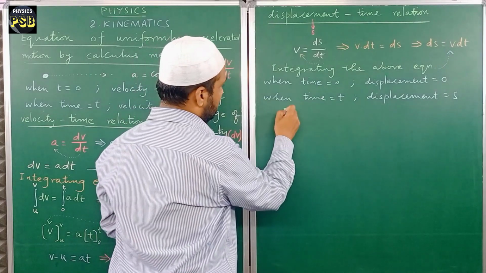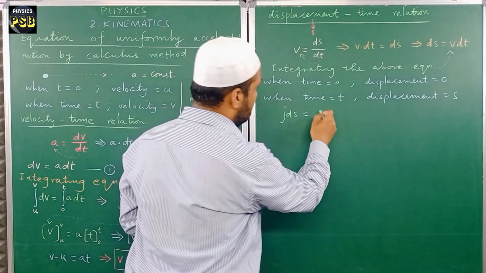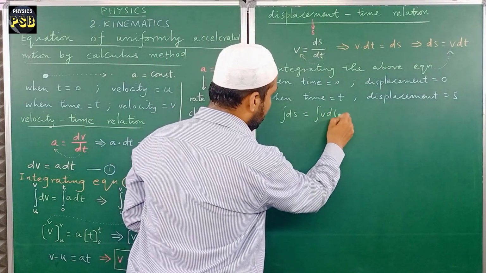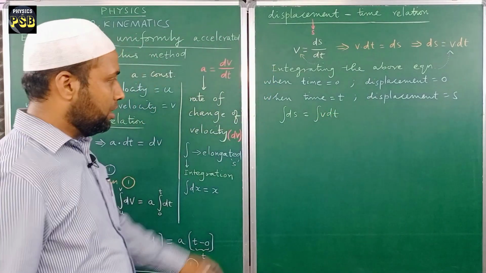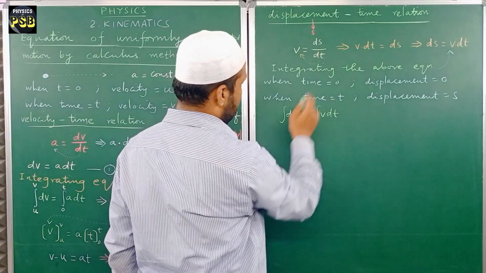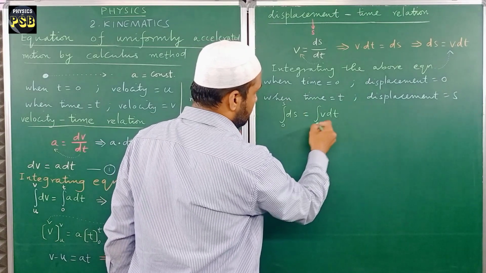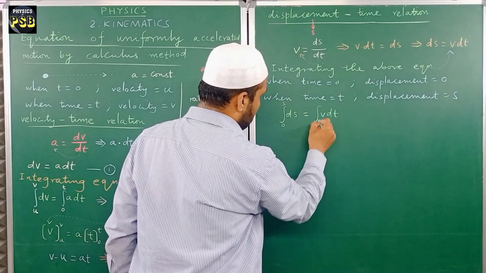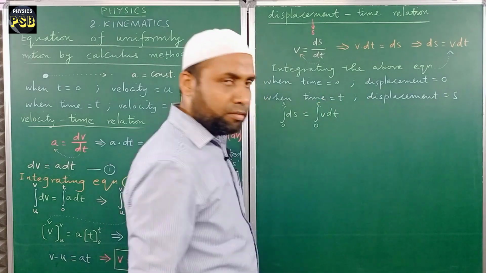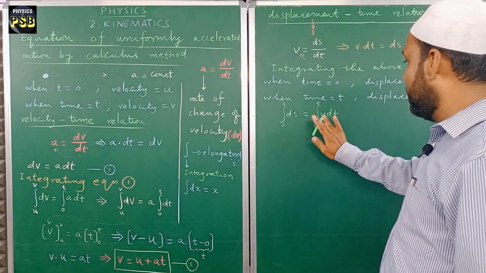I'm going to integrate this equation. Integral of ds equals integral of v dt. Now I'm going to include the limits, lower limit here is 0 and upper limit is s. In a similar way, the lower limit for time is 0 and upper limit is t. Now I told you we cannot integrate a constant.